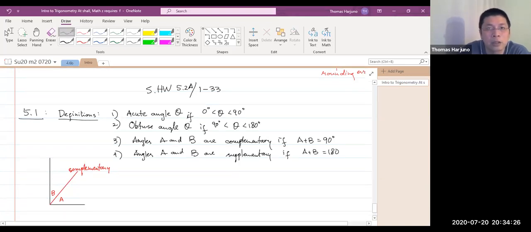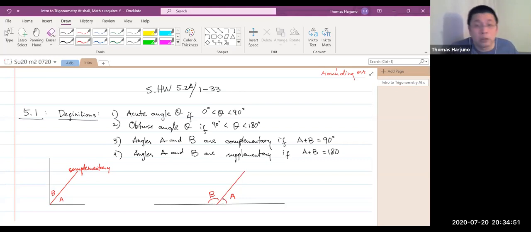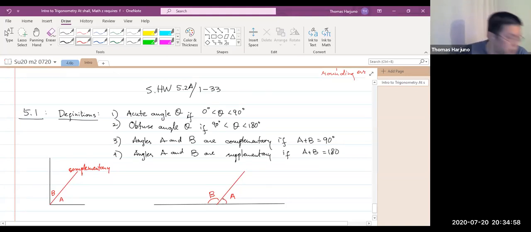Two angles are supplementary if the sum of those two angles is 180 degrees. Let's say this is angle A and this is angle B. They will add up to 180 degrees, which is a straight line. That's for obtuse angle, acute angle, complementary angle, and supplementary angle.